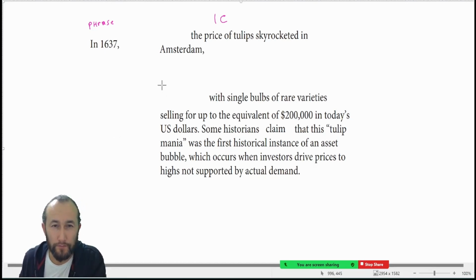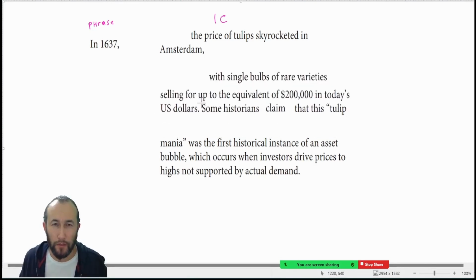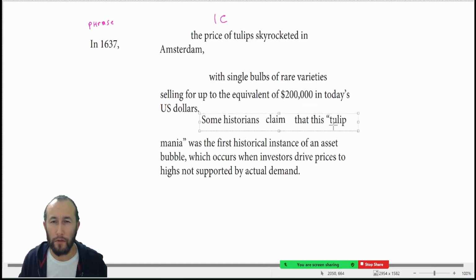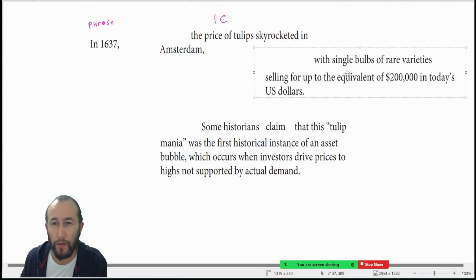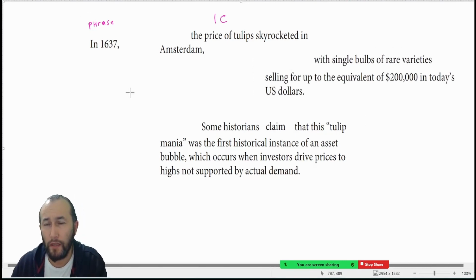All right, let's do that. So we're going to take this, okay, now till here. I'll bring it down here. It's a new sentence. Yeah. Okay, so with single bulbs of rare varieties selling for up to the equivalent of $200,000 in today's dollars, yeah.